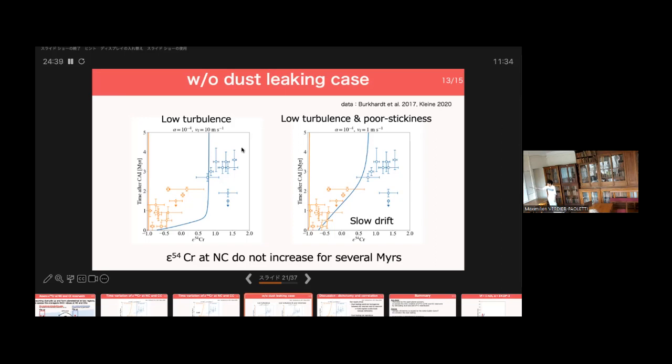So in this case, dust piles up at the MC reservoir for several million years. So this blue line increases for several million years. And also in this no dust leaking case, epsilon chromium at the MC reservoir does not increase for several million years.